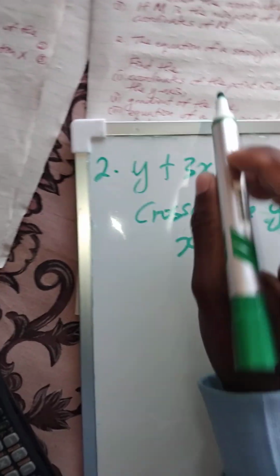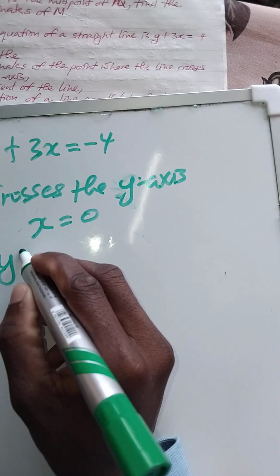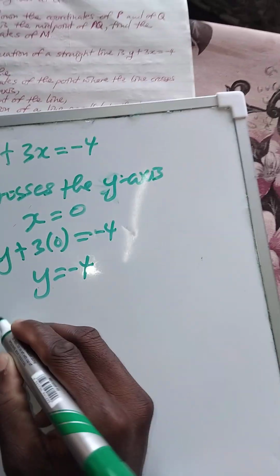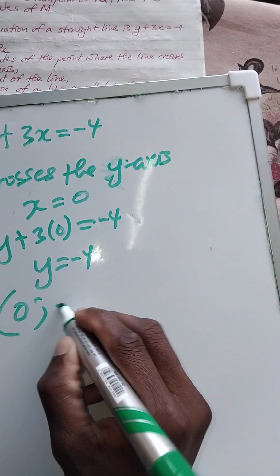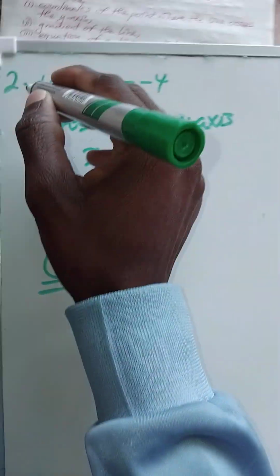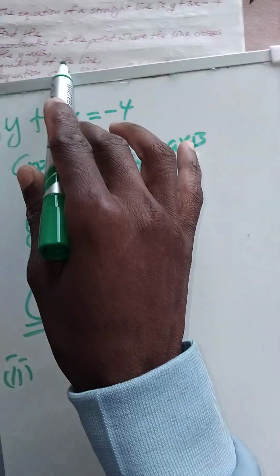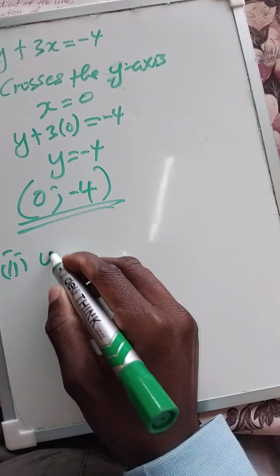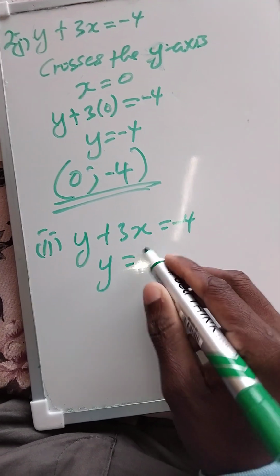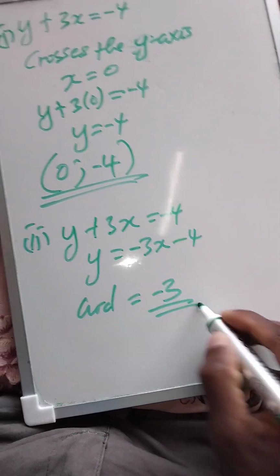So y plus 3x, with x is 0, is equal to negative 4, so y is negative 4. So our coordinates are (0, negative 4). That is item 1. Then item 2, the gradient of the line. Making y the subject of the formula, y is negative 3x minus 4. So the gradient is negative 3.